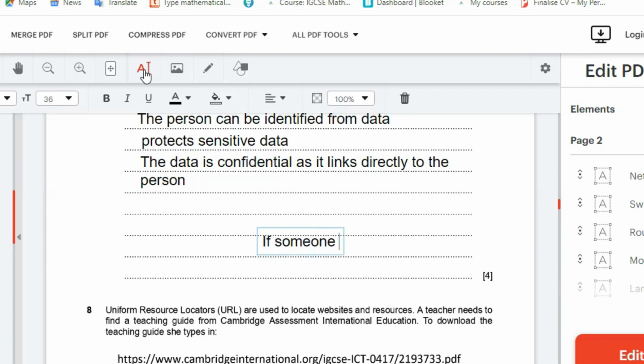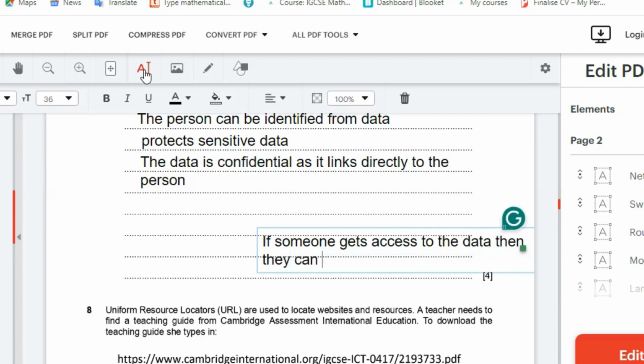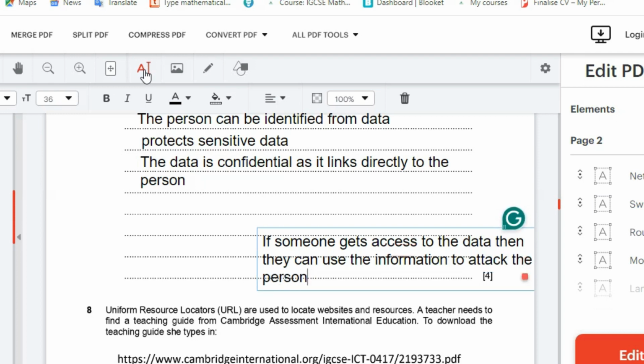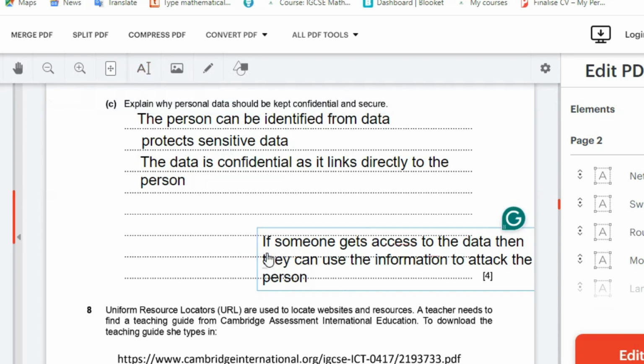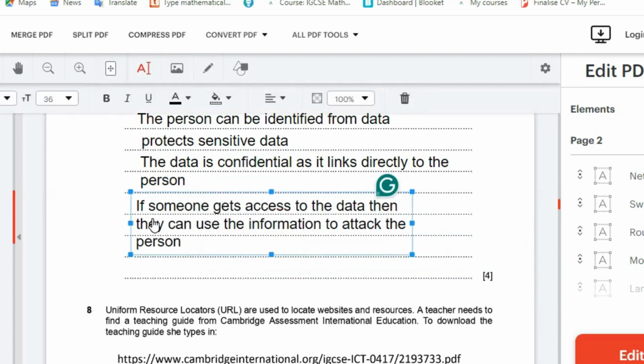That's why personal data should be kept confidential and secure.